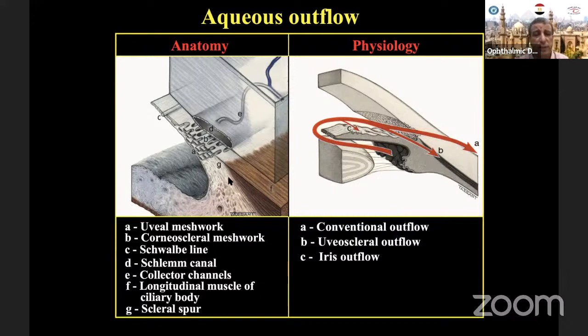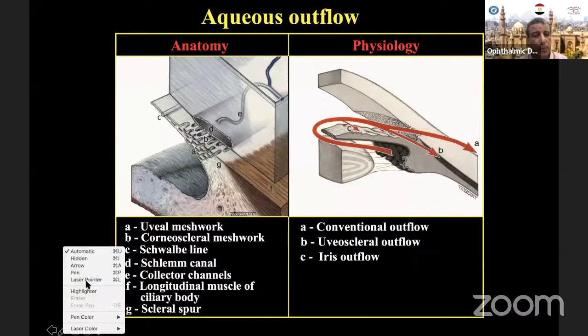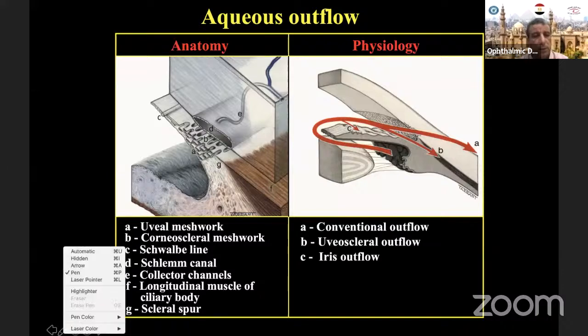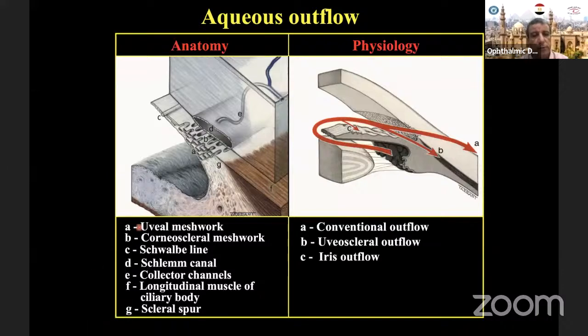Anatomically, the aqueous is secreted by the ciliary body, as you could see here. It is secreted here in the ciliary body processes posteriorly.